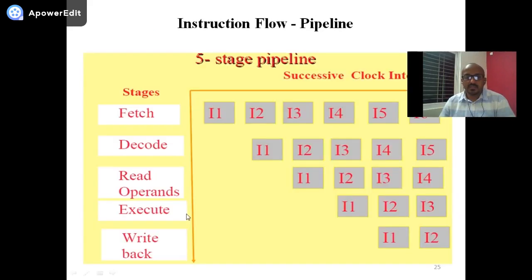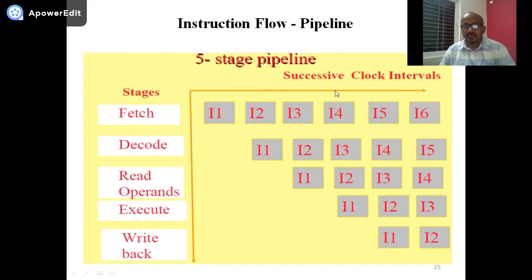But if you do instruction pipelining, here it is shown as 5-stage instruction pipelining. The stages are fetch, decode, read operands, execute and write back. In the first interval of time, instruction 1 is fetched. At time T2, the second instruction is fetched, and at that time I1 is decoded.